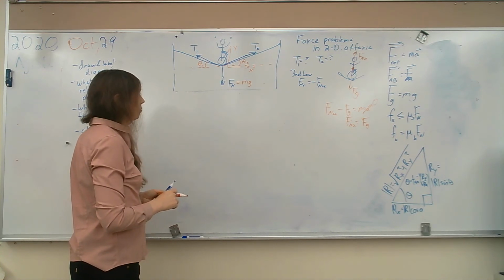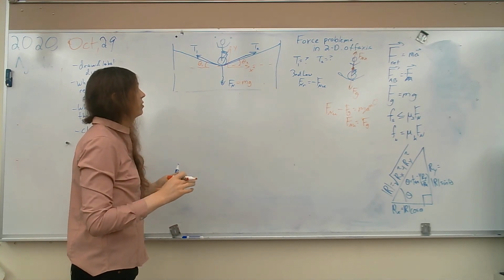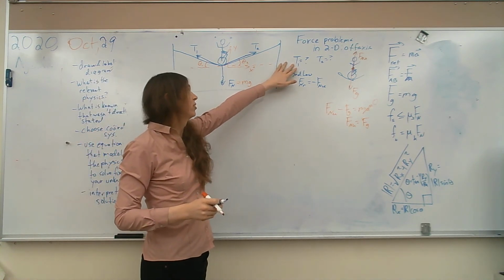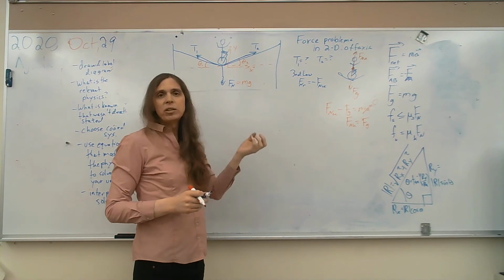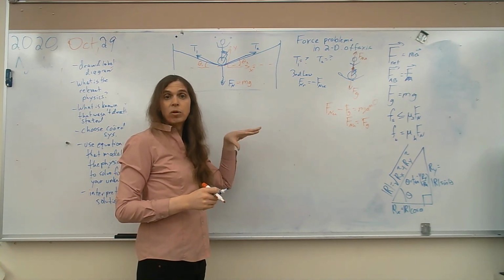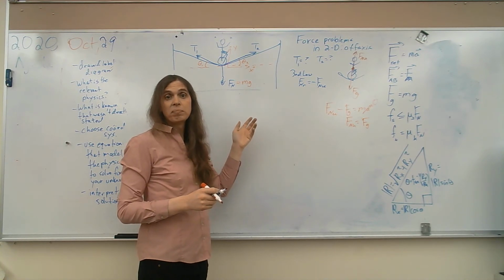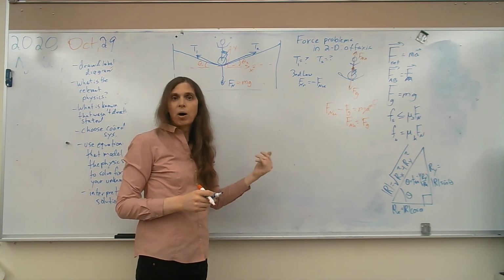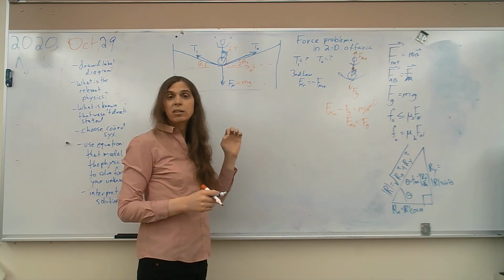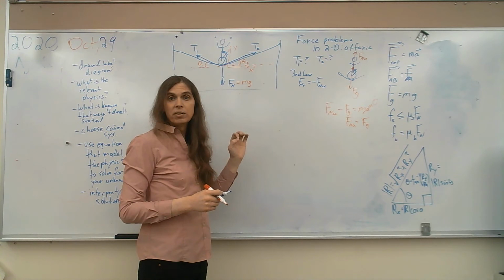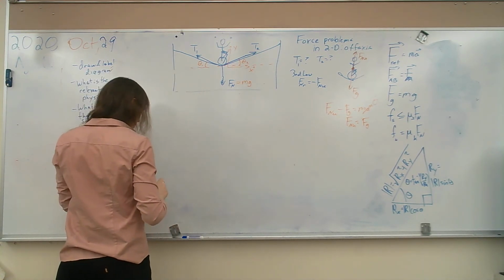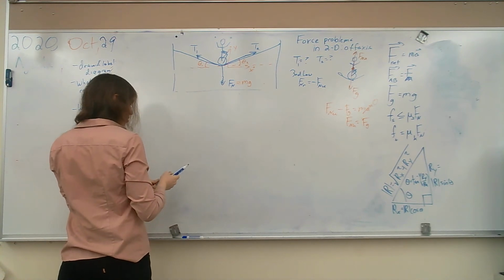So once we have this, we know that if we want to find these tensions, we are going to have to look at Newton's second law of motion, which is a vector quantity, so we'll need to look at it separately in each coordinate direction. So let's go.